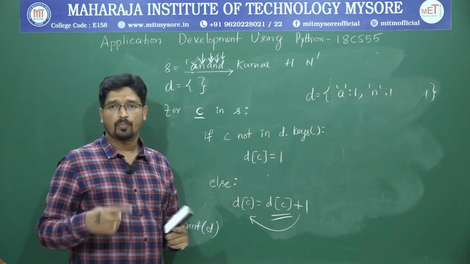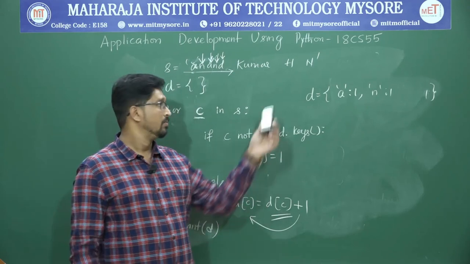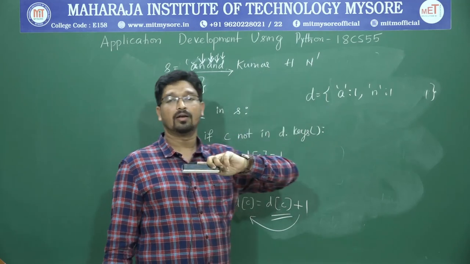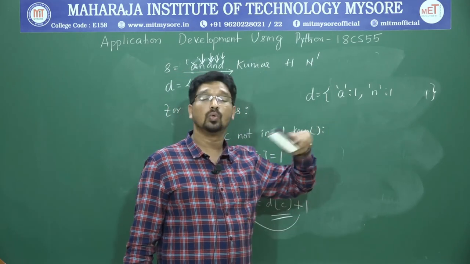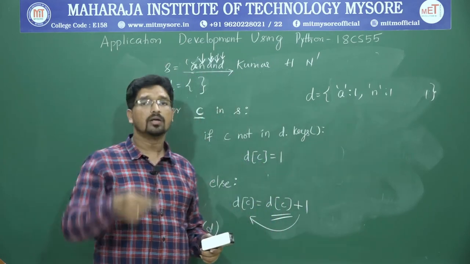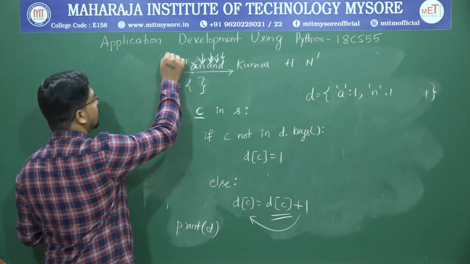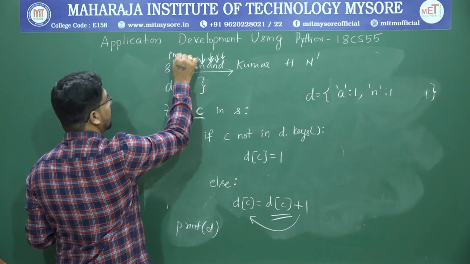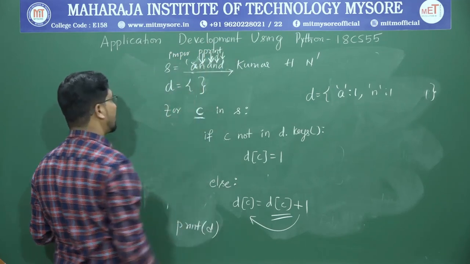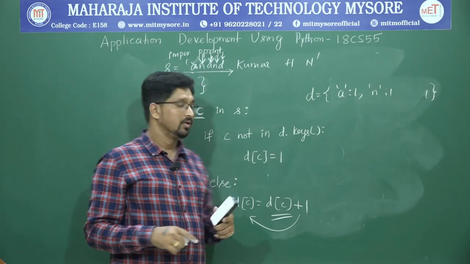Okay, when you print the dictionary, as I told you, the dictionary is not sorted. You will not get a first, n first, in alphabetical order. It can have its own random order of keys. But if you want an ordered dictionary, then we have to import one more library called pprint.